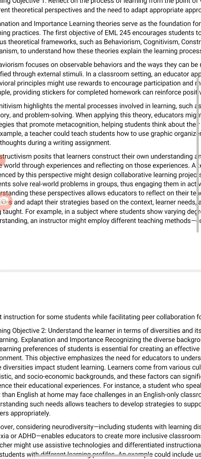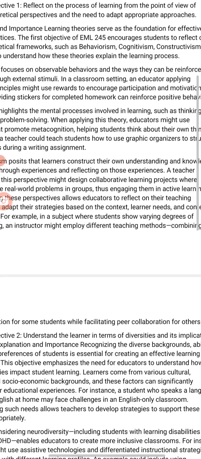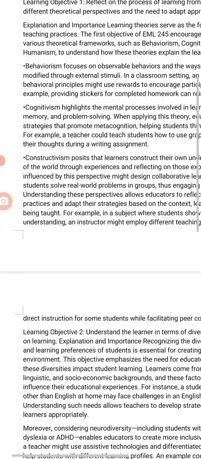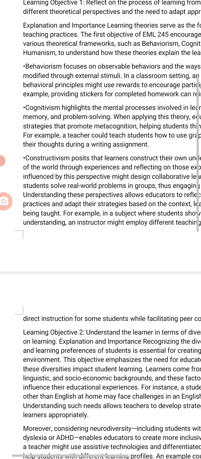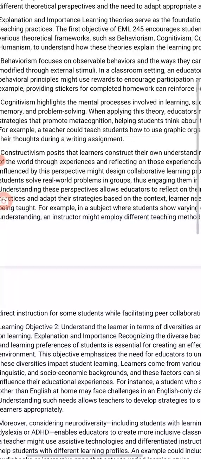When applying this theory, cognitivism, educators might use strategies and methods that promote metacognition. That means helping students think about their own thinking.